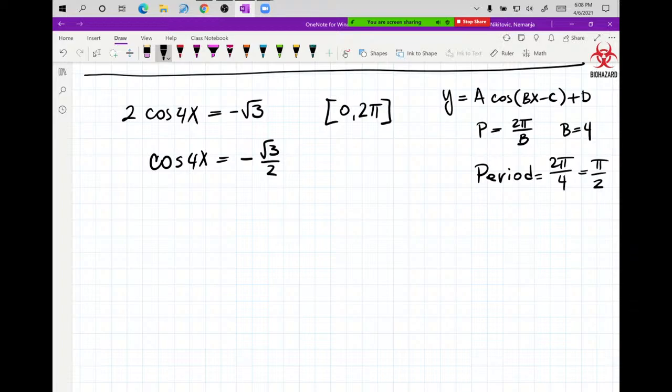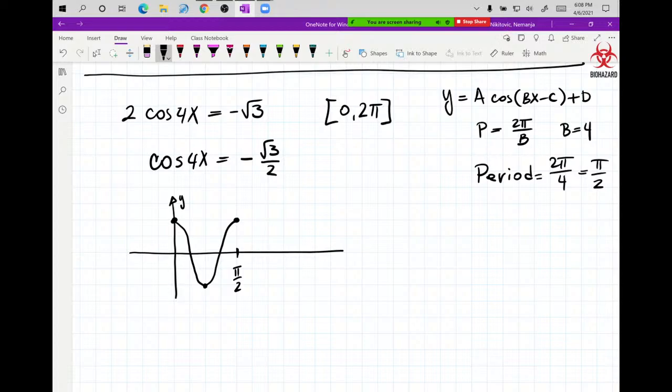So when I draw my cosine here, and I pick pi over 2 somewhere, let's say it's over here, I need to make sure that my cosine starts and ends with pi over 2. So that's it. This is the basic knowledge, right, that we have from our previous section.